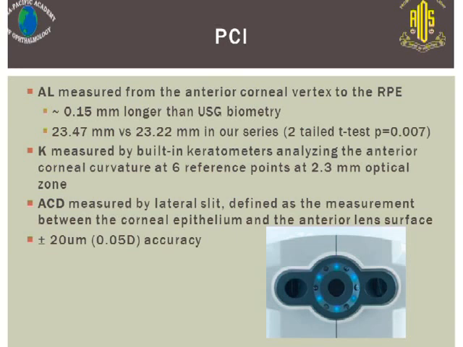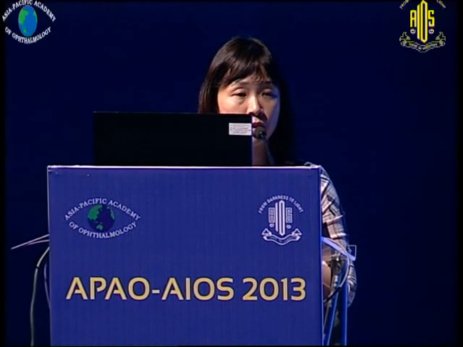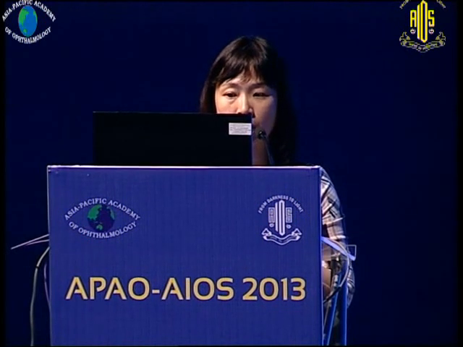Keratometers are built in, and the K readings are measured by analyzing the anterior corneal curvature at 6 reference points in a hexagonal pattern at the 2.3 millimeter optical zone. AC depth is measured by lateral slit illumination, defined as the measurement between the corneal epithelium and the anterior lens surface. It has a high resolution down to 10 microns versus 100 microns for the ultrasound biometer.